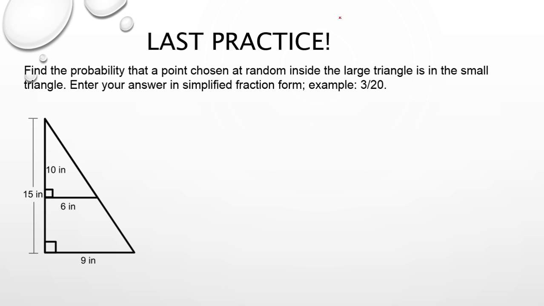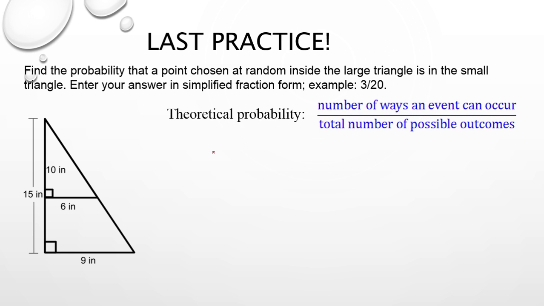Alright, so find the probability that a point chosen at random inside the large triangle is in the small triangle. So again, we want to enter our answer in simplified form this time. So same thing as we did earlier, we need to find the area of each. Keep in mind, area of any triangle is 1/2 base times height.